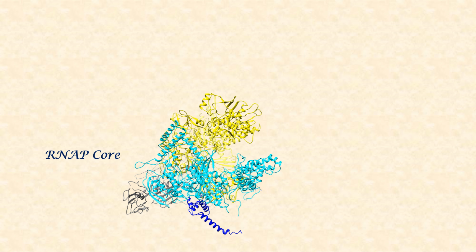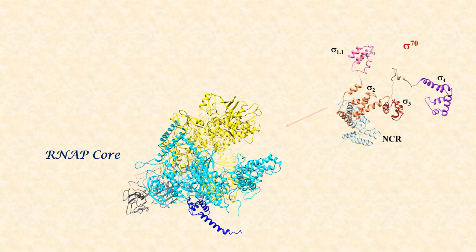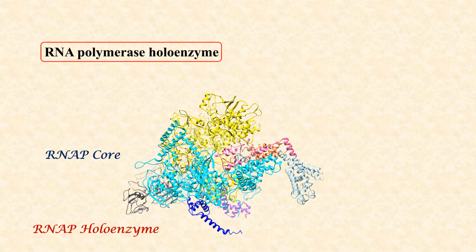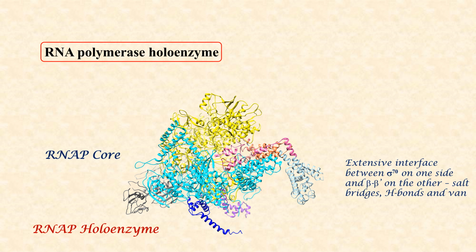For transcription initiation, the core polymerase binds the sigma factor. The sigma-bound form of the enzyme is called the RNA polymerase holoenzyme. There is an extensive interface between sigma 70 on one side and beta beta prime on the other. These are mostly made of salt bridges, hydrogen bonds, and van der Waals contacts.